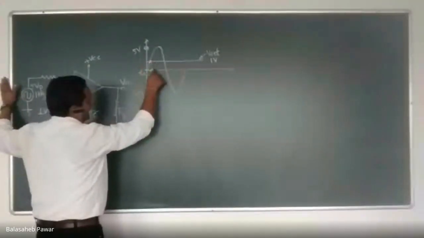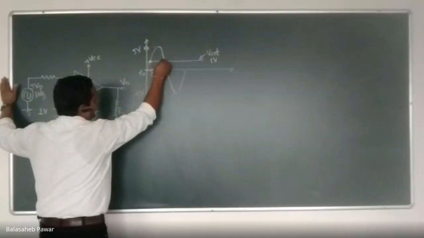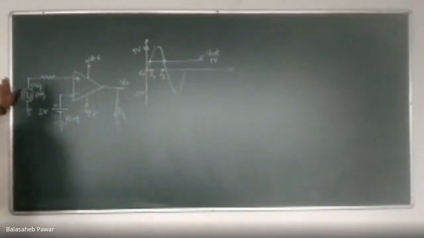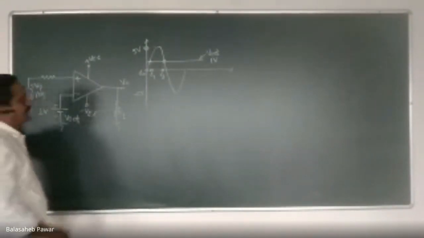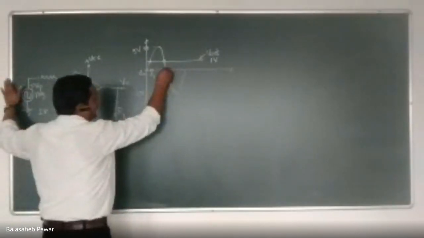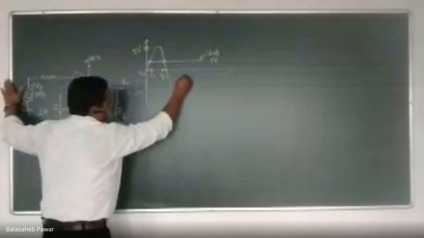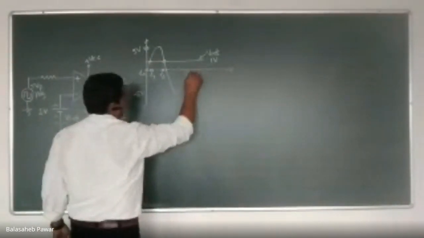At T1, it reaches 1 volt. At pi by 2, it reaches the peak, that is 5 volt. Again at T2, I will consider that the signal comes back to 1 volt. At pi, it goes to 0, and later it takes negative values up to 2 pi. Okay.